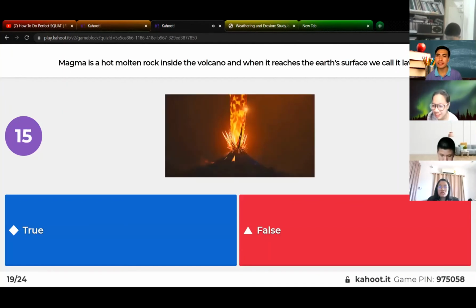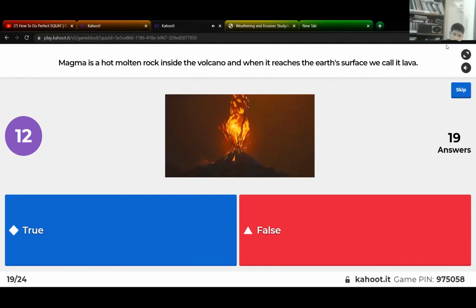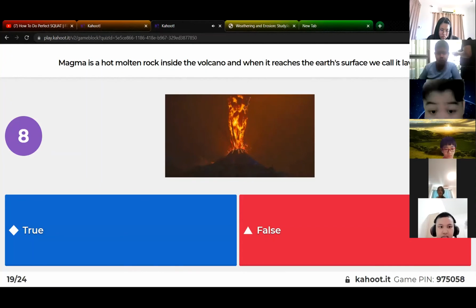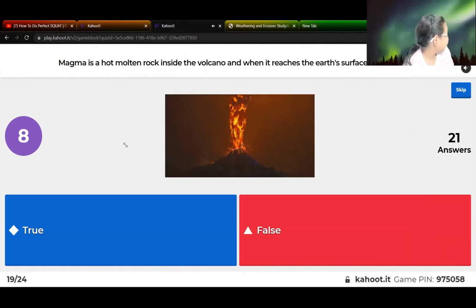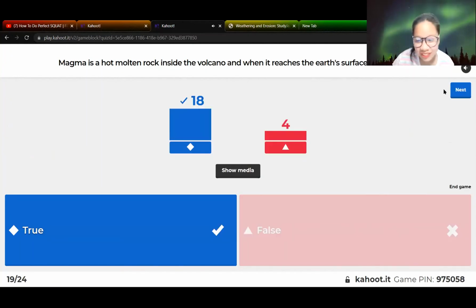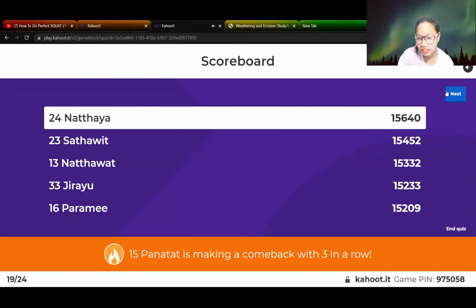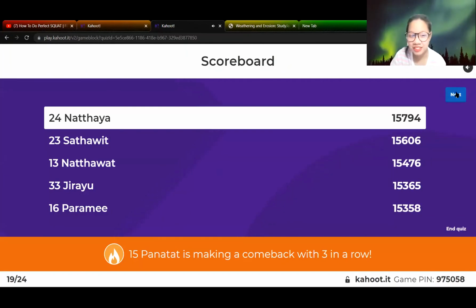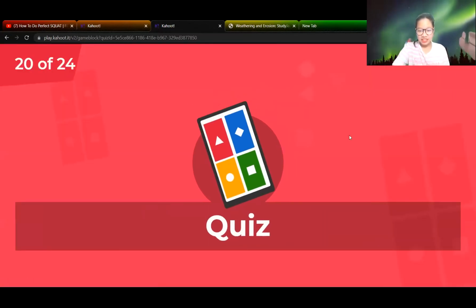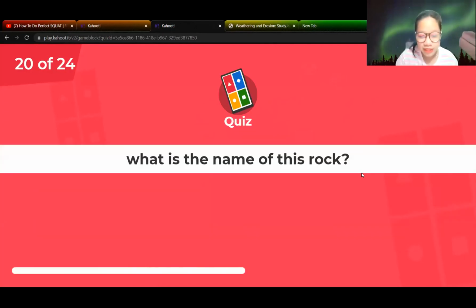Okay, read the instruction or read the question properly before you answer. Okay, good job. Nothing changes? Okay, nothing changes, yeah. What is the name of this rock?